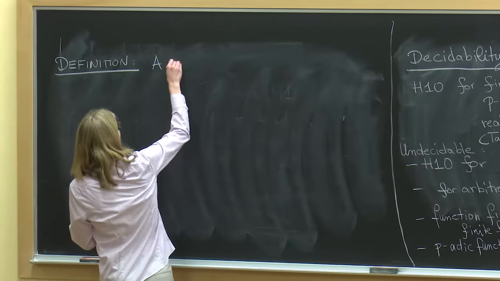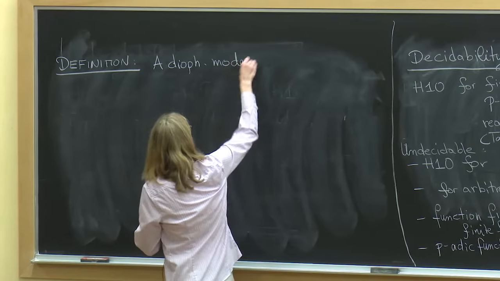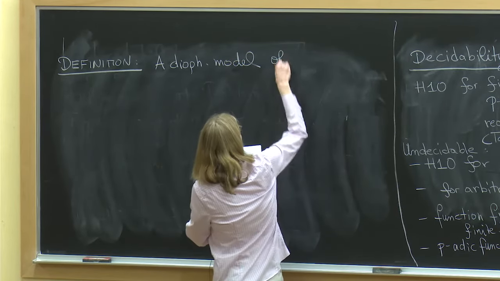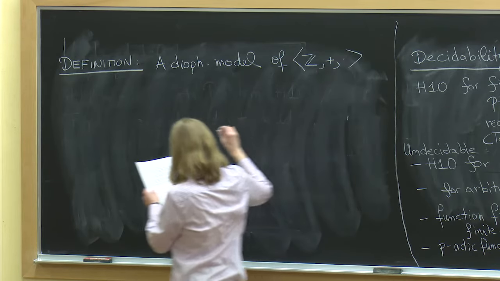So let me just define this more general notion. Here is a Diophantine model of the integers: we need both addition and multiplication.